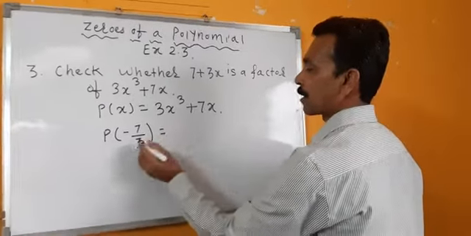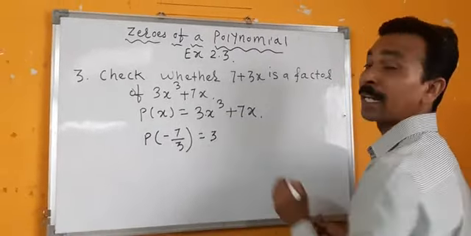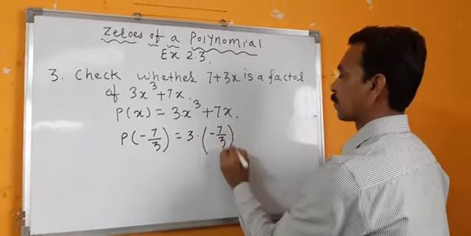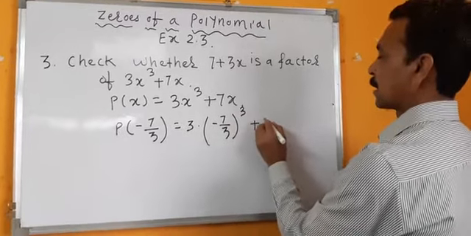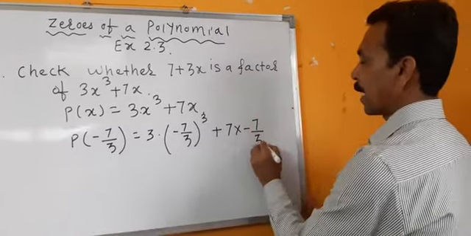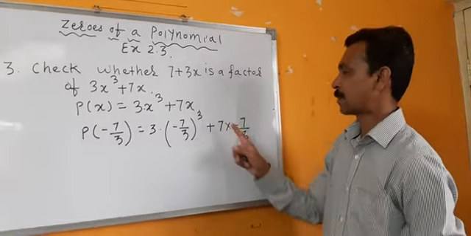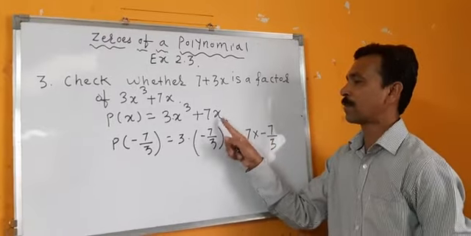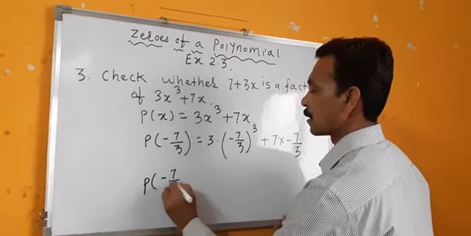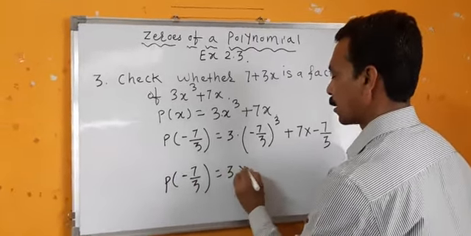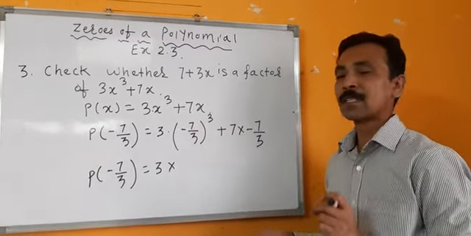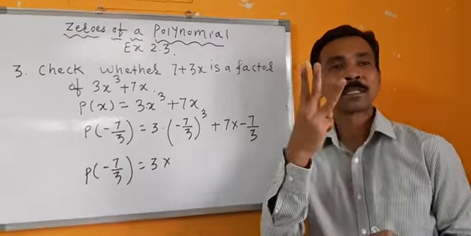So 3x cube means 3 into x cube, which is 3 into minus 7 by 3 whole cube, plus 7x means 7 into minus 7 by 3. P of minus 7 by 3 is equal to 3 into minus 7 cube, meaning you will multiply minus 7 how many times? 3 times.